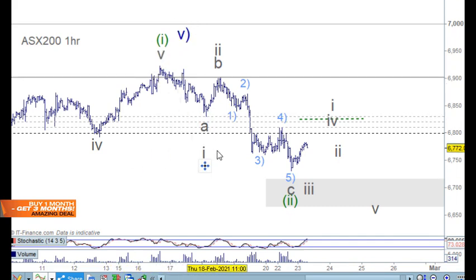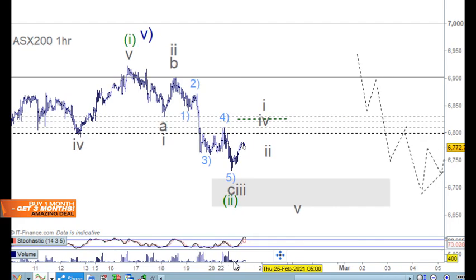And would this down here now be wave 1, and this be wave 2 where the B wave is, and all of this wave 3 instead of wave C? If that's wave 3, then this move up here could be wave 4 and then down for wave 5.